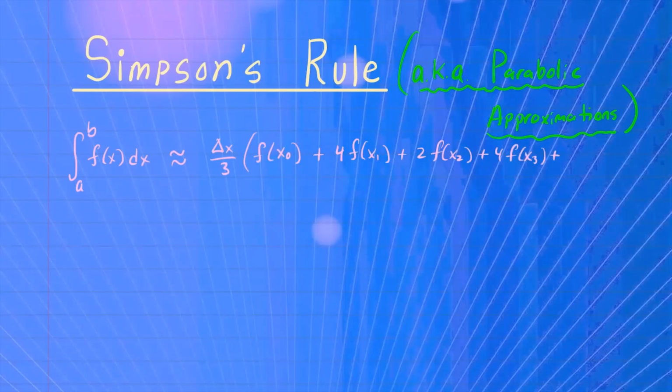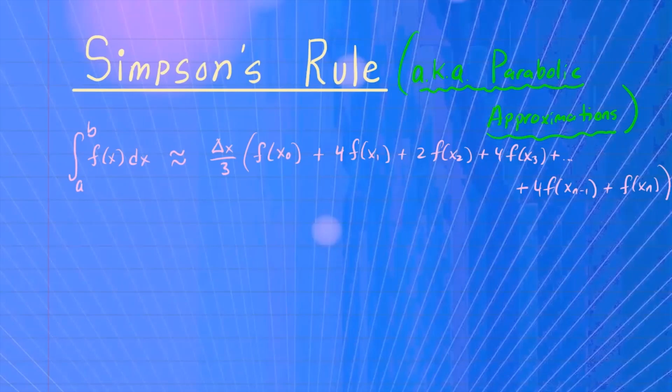So you multiply each of these values in between by 4, 2, 4, 2, 4, 2, and so on, all the way up to the last two. So you'll have 4 times f of x n minus 1, the one before the last x value, plus f of xn. So that's the formula we use for Simpson's rule.